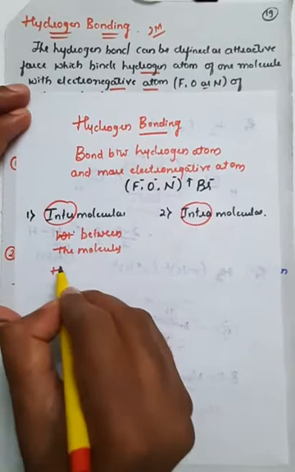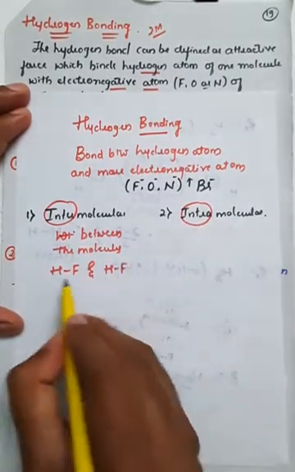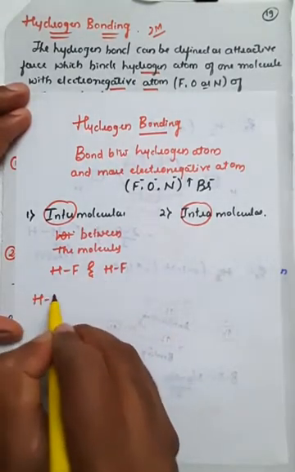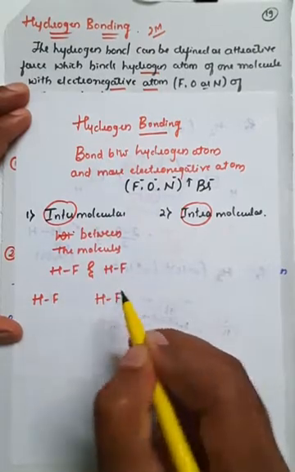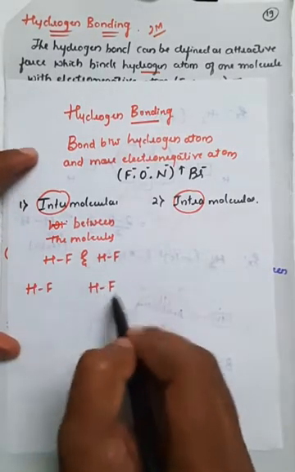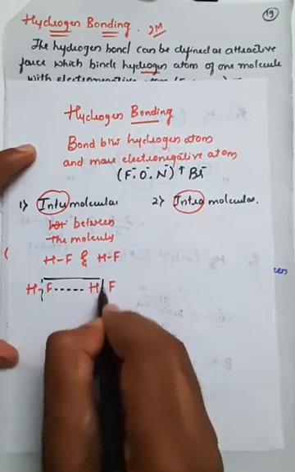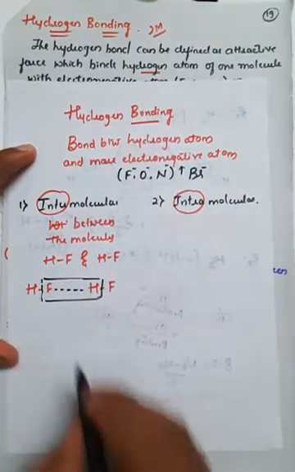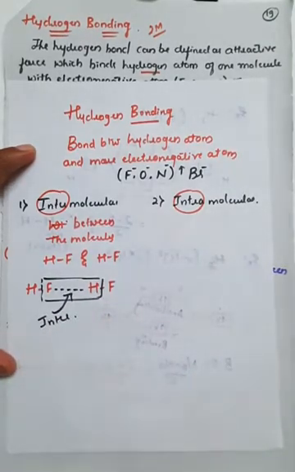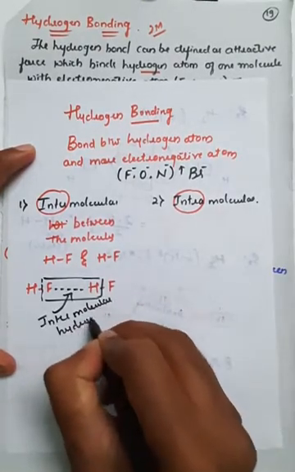If I take hydrogen fluoride and hydrogen fluoride, here already hydrogen is bonded with fluorine. Here also hydrogen is bonded with fluorine. If one hydrogen fluoride has an attractive force with another hydrogen fluoride, this is one separate molecule, right? So if there is a force of attraction between this hydrogen and fluorine, observe carefully, this is called intermolecular hydrogen bonding.